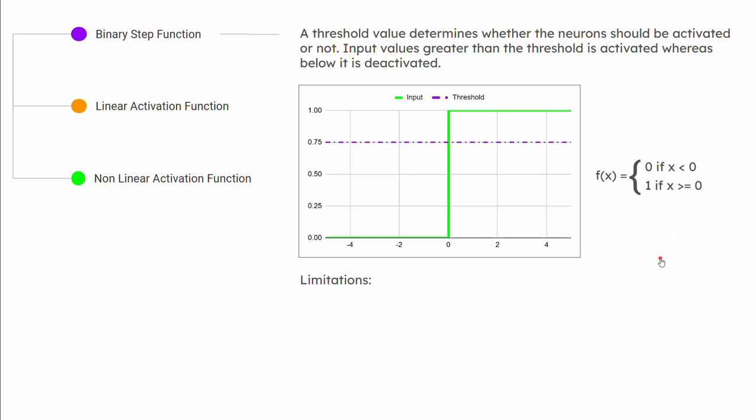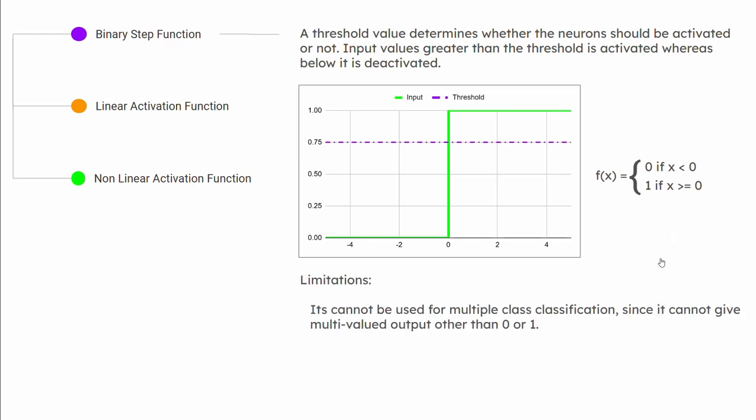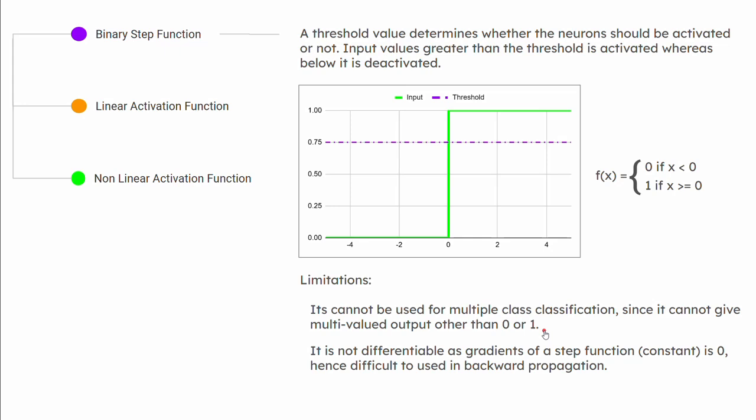So what are the limitations of the binary step function? It can be used only for binary classification. It cannot be used in multi-class classification. If there are four classes, how do we represent them? It is not representable. Then what is the other limitation?